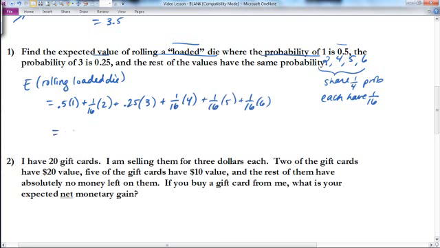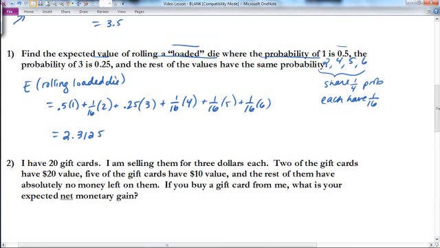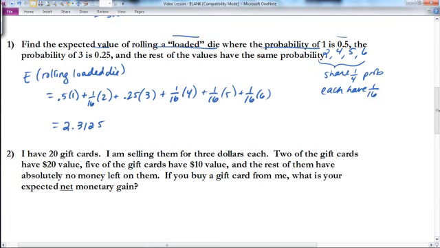And if we type this all in the calculator, we will get an expected value of 2.3125. So as you can see, the loaded die changes the probability of each number occurring.